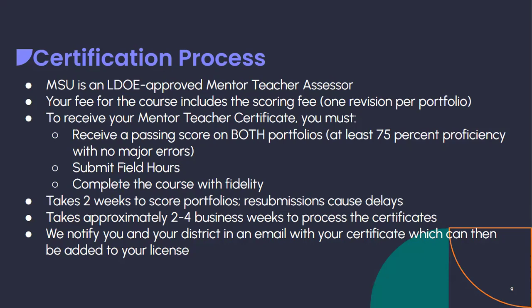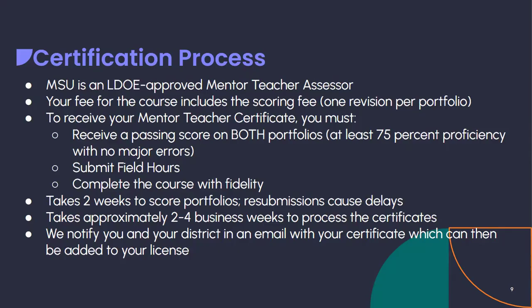To process the certificates, we notify you and your district in an email with your certificate, which can then be added to your license. Your district human resources personnel actually have some processes that they use with the state, with LDOE, to streamline this process for you.